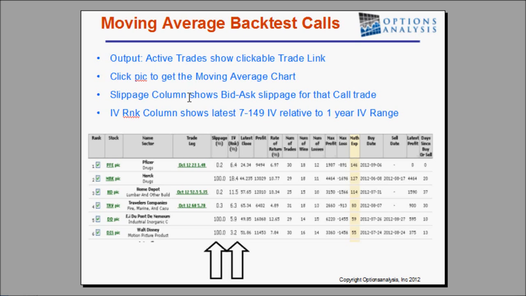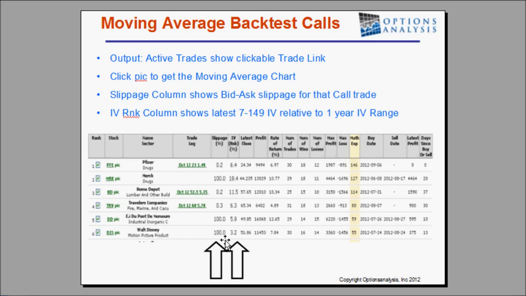In other words, it took the ask, subtracted the bid from the ask, divided by the stock close and converted that into a percentage. The smaller the percentage, the smaller the slippage, and the better it is to trade this call option. If the stock is closed and does not have an open trade, slippage shows 100.